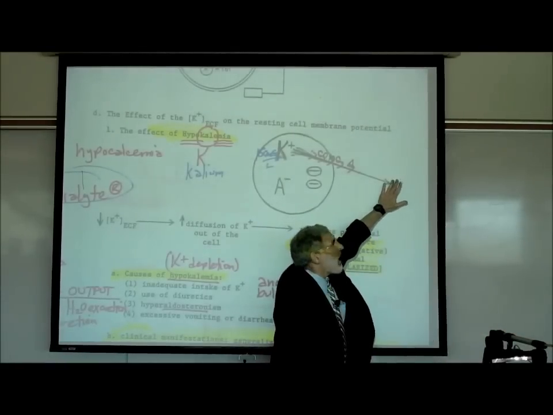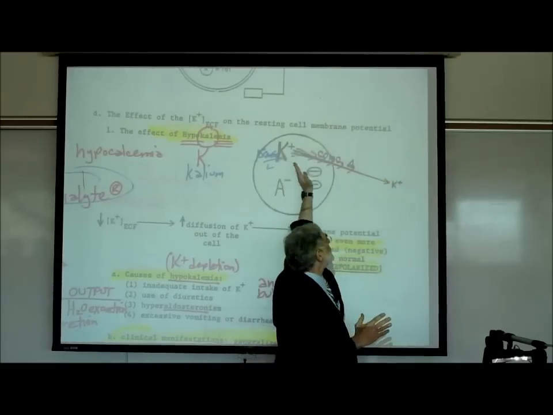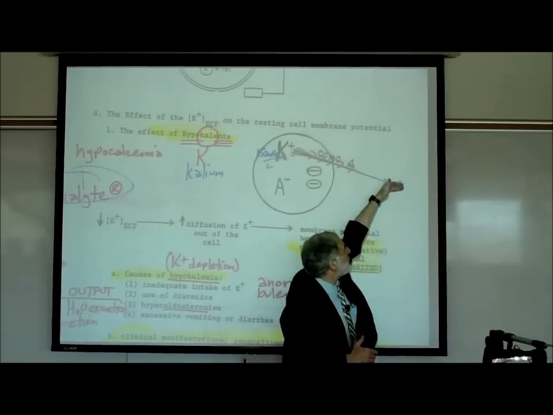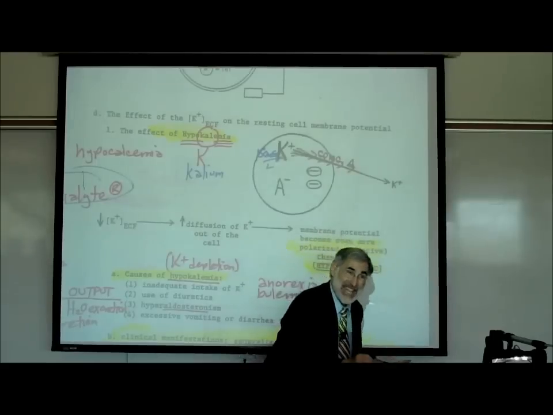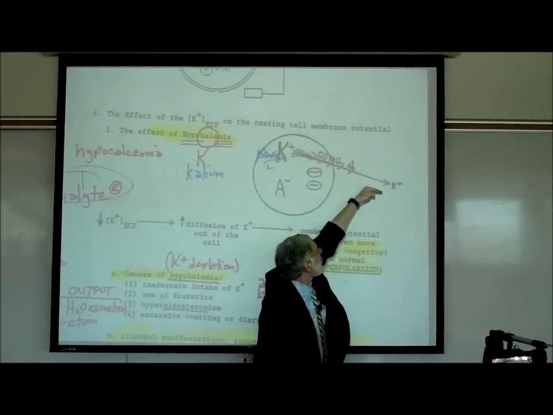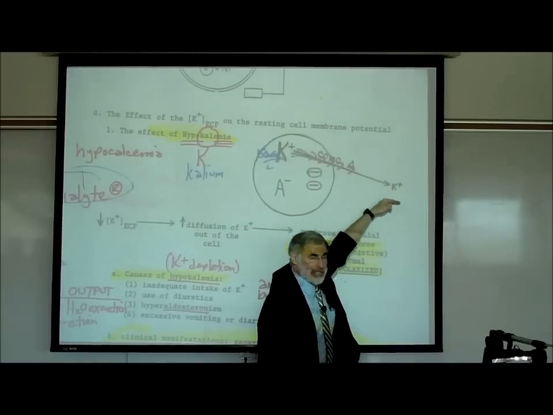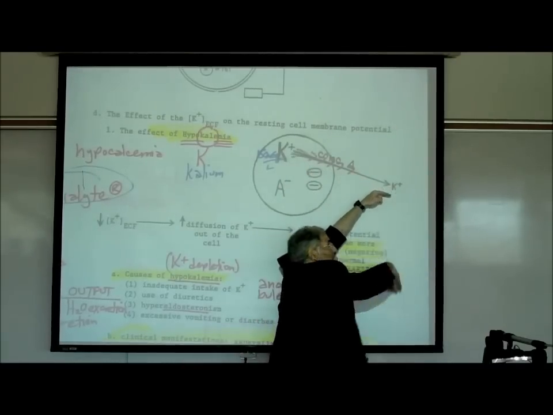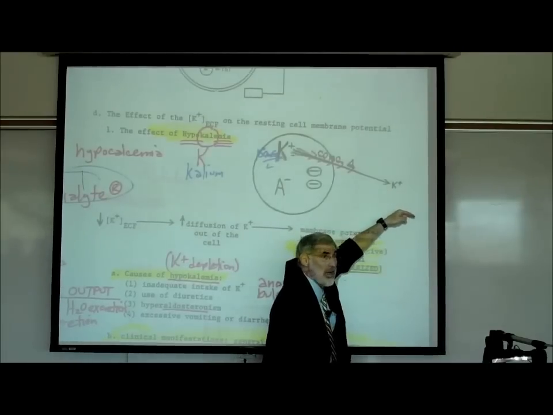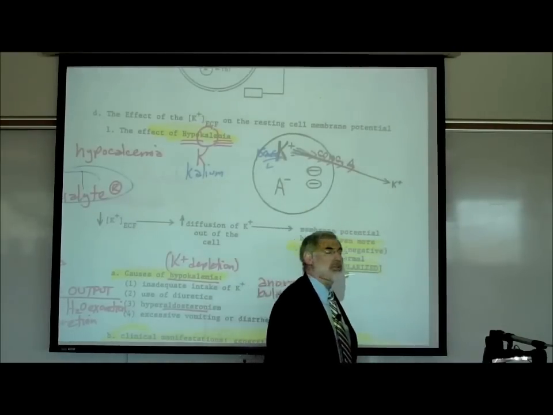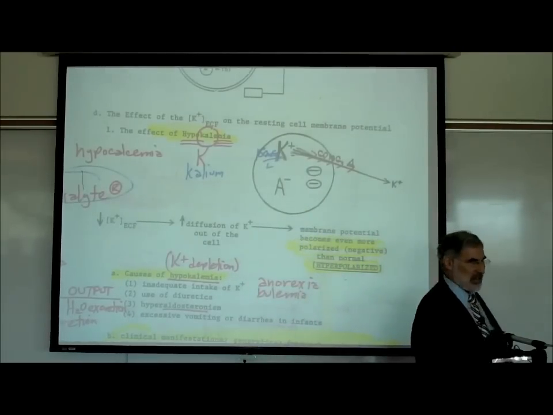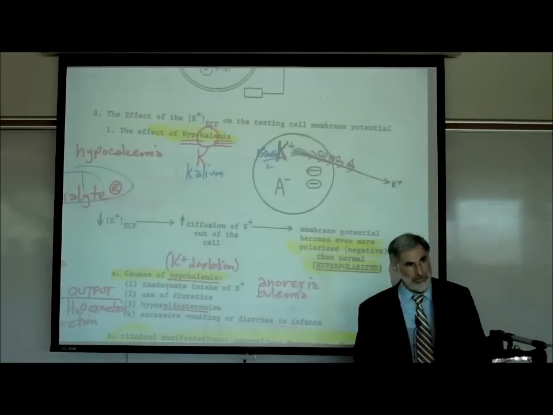As long as there was 5 out here, there was no more potassium going out. But if it starts to decrease, become less than 5, potassium starts flowing out of the cell. And as the positively charged potassium starts flowing out of the cell because of the lowering of the potassium level, what does that do to the electrical polarity on the inside of the cell? It makes it more negative.